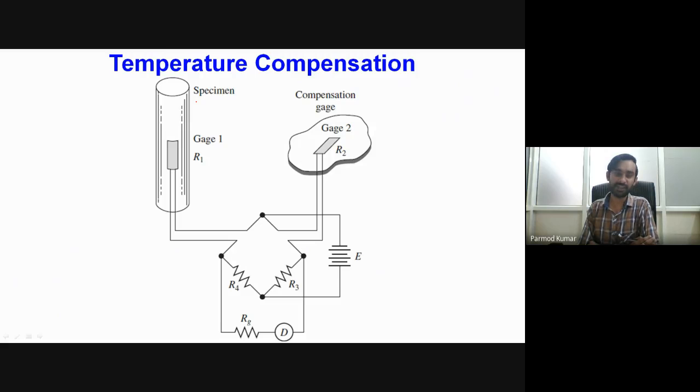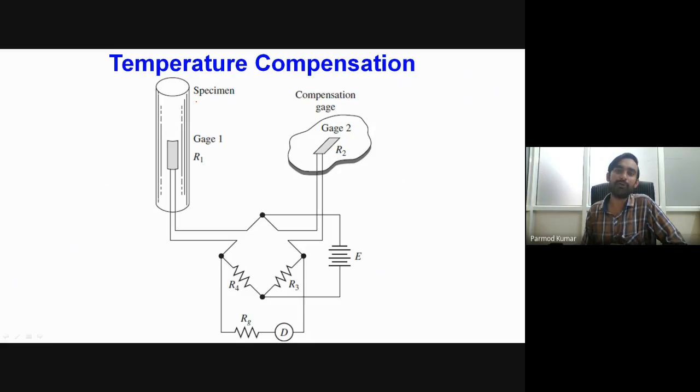Because of the temperature change also, there will be certain expansion and contraction of the strain gauge wire, or there may be some material of the strain gauge wire which has a dependence of resistance change on temperature. Okay, so under such circumstances, the temperature will be leading to errors in our measurements.